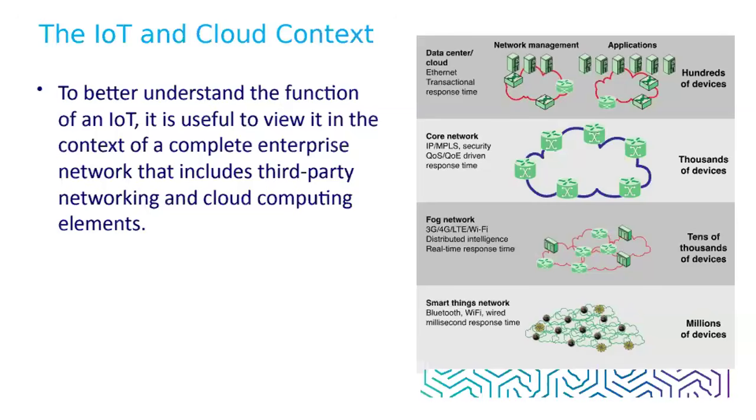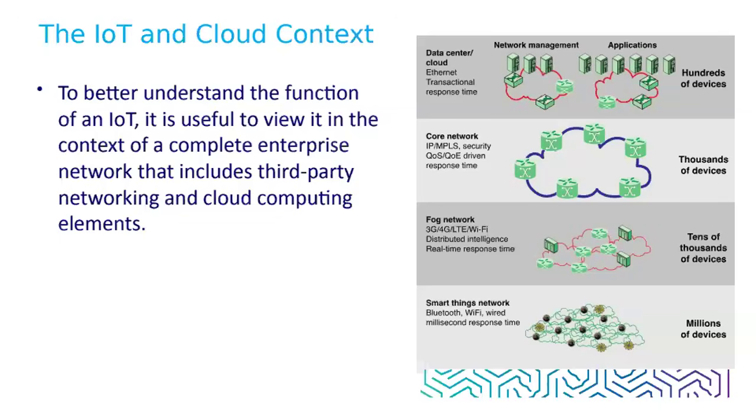very securely. Here the thing is that the IoT devices operate together with the enterprise network. The third-party networking services and cloud computing platforms are also involved in this. The enterprise network will connect the internal devices and applications.